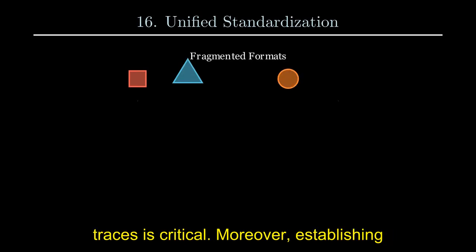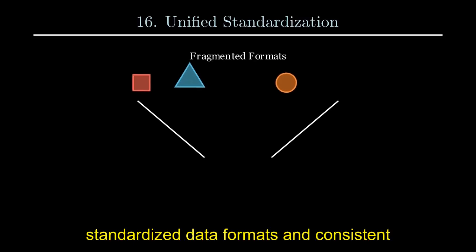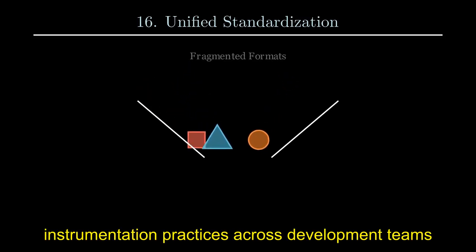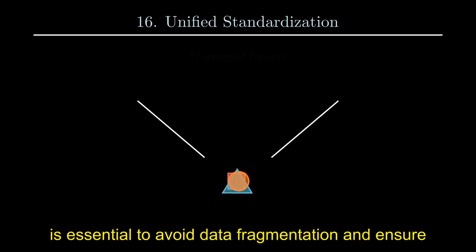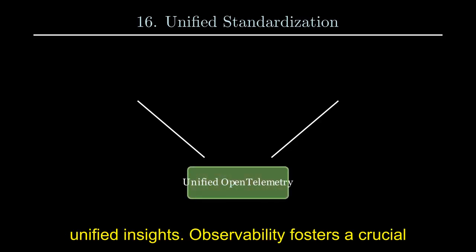Selecting appropriate tooling for collecting, storing, processing, and visualizing metrics, logs, and traces is critical. Moreover, establishing standardized data formats and consistent instrumentation practices across development teams is essential to avoid data fragmentation and ensure unified insights. Observability fosters a crucial feedback loop for system designers.